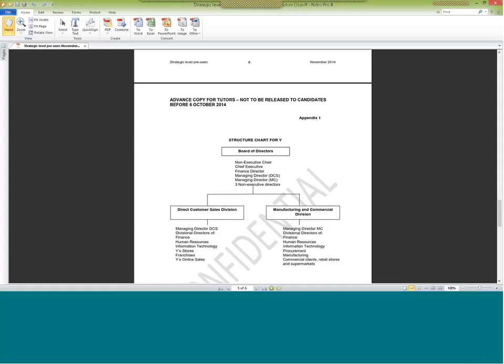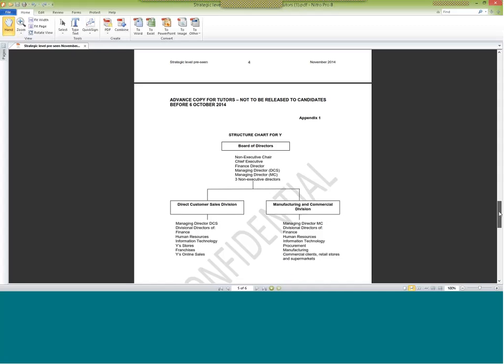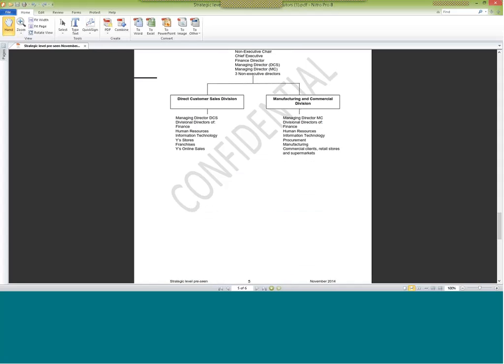We've also got to consider, although we're not going to do it tonight, that there are 2 other business operations here. For example, they've got 2 divisions and yet common functions.